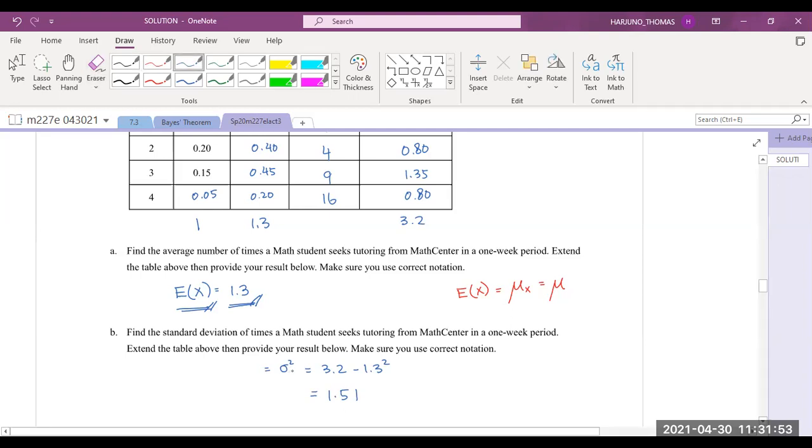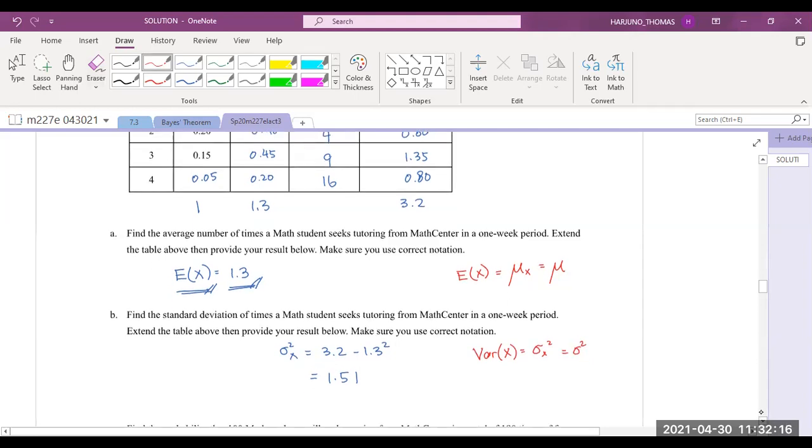No, you just need to write one of them. Now the note here is that you can write Var(x) or sigma subscript x squared or sigma squared. Now, of course, preferably the one with identification for x. But we are not done with this question because the question is to find the standard deviation. What we got here is the variance. So the standard deviation is the square root of 1.51.